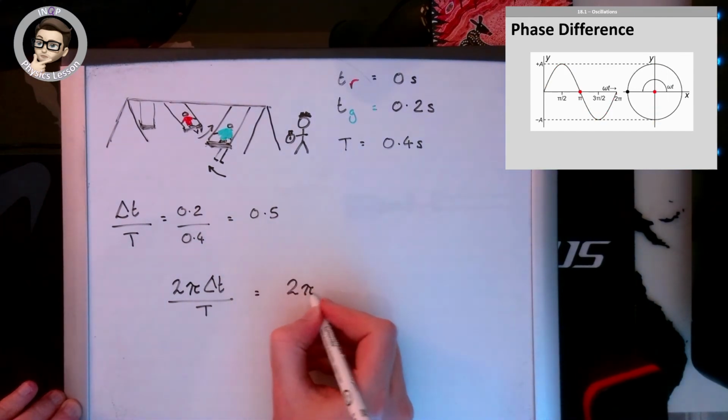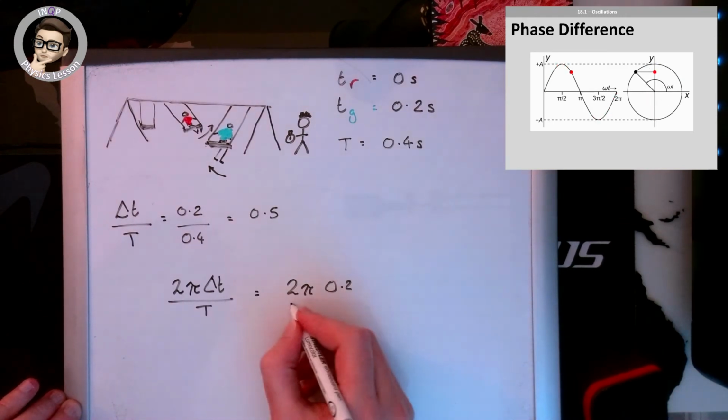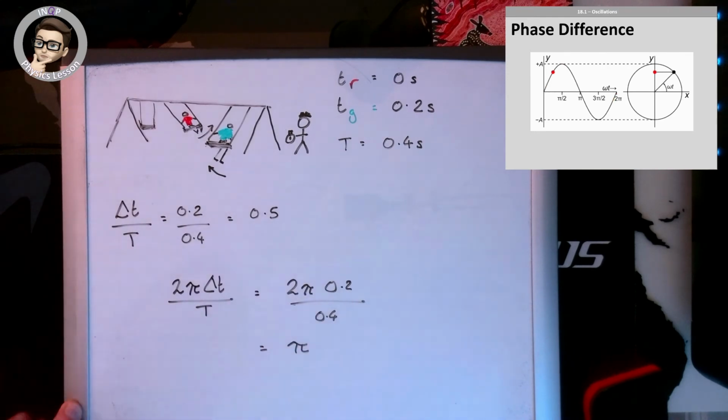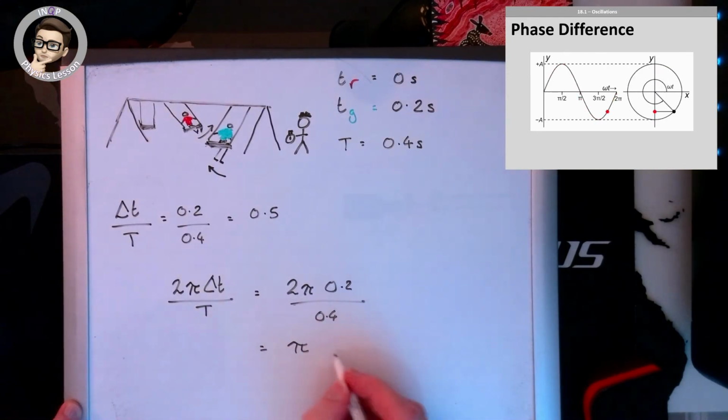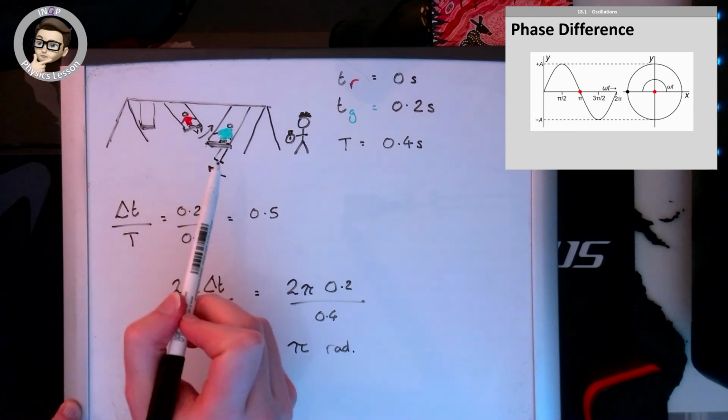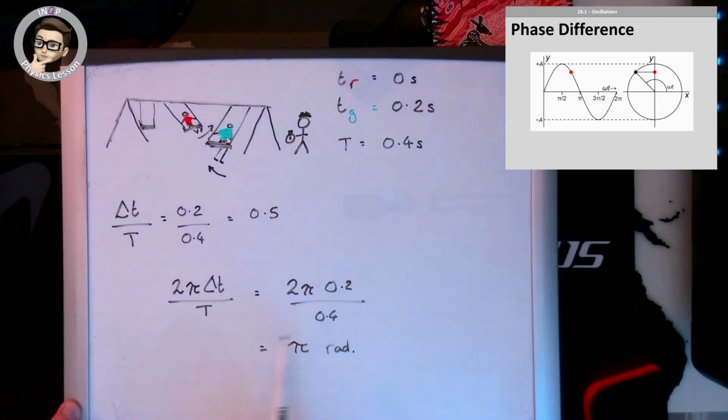I've got 2 pi lots of 0.2 all over 0.4, which is in fact pi. So I have a phase difference of pi radians between these two people on the swings. So they're out by 1 lot of pi, and that's the difference between them.